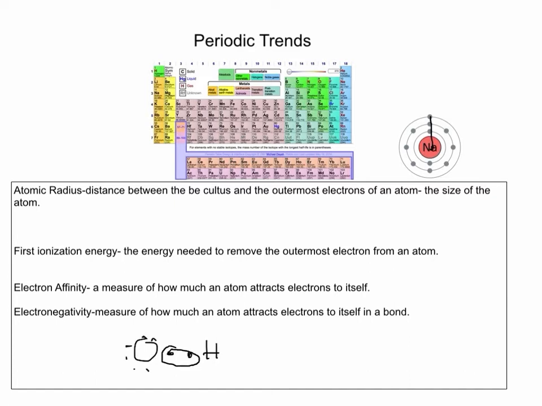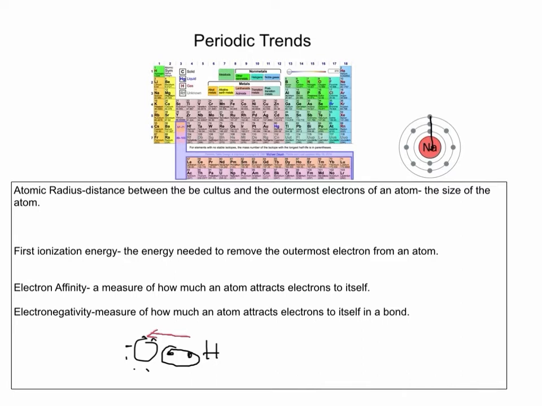If I'm talking about a bond between 2 atoms, electronegativity measures how much the electrons are pulled to one side or the other. Think of it as a tug of war. In the case that I drew with oxygen, oxygen is more electronegative than hydrogen, so the electrons are actually pulled towards the oxygen more than they are towards the hydrogen.